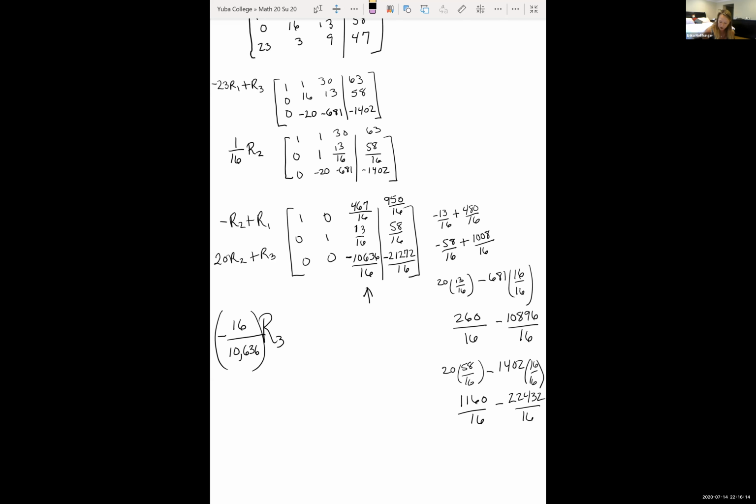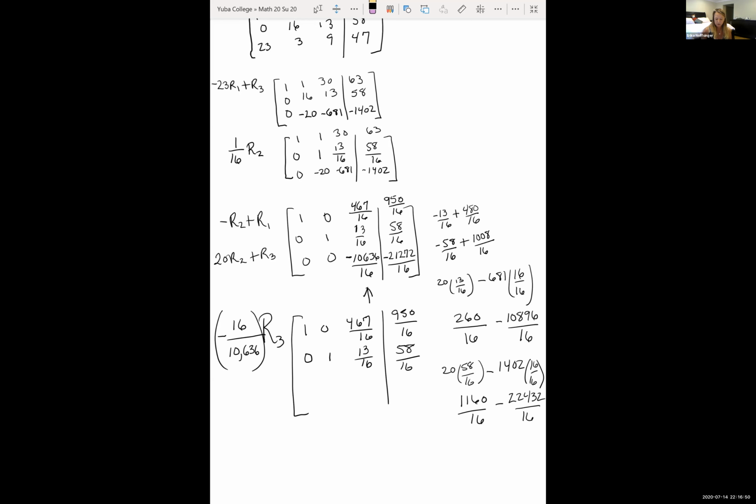Okay, so my row 1 is all the same: 1, 0, 4, 6, 7 over 16, and then 950 over 16. There's a reason I kept everything. I could reduce here, but if I reduce, then they're not all the same denominator, and it's easier to keep them the same denominator, so I don't have to go back and get common denominators. My second row is 0, 1, 13 over 16, and then I have 58 over 16.